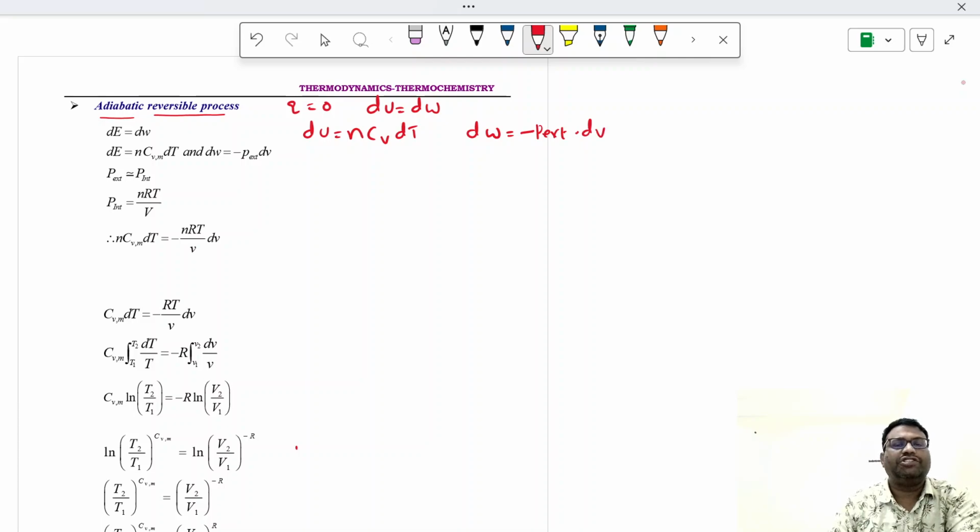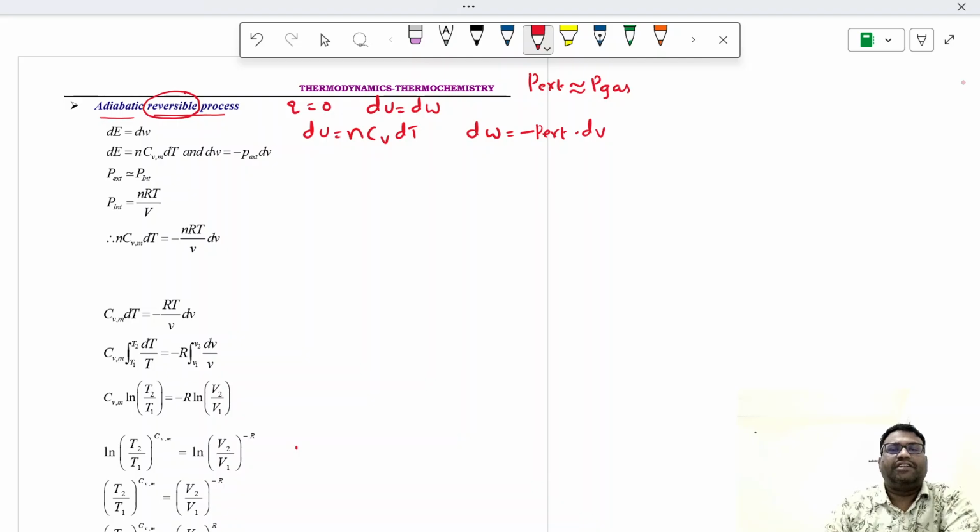A small change in work due to small change in volume. These two are equal. During a reversible process, we can say that P external is almost equal to P internal, or pressure of the gas.